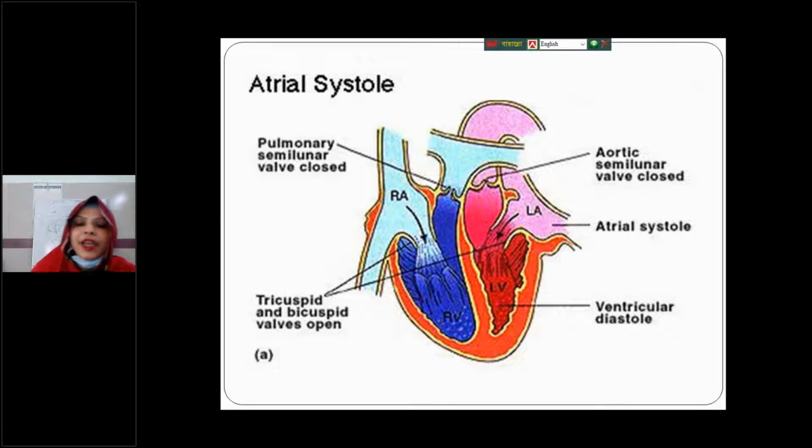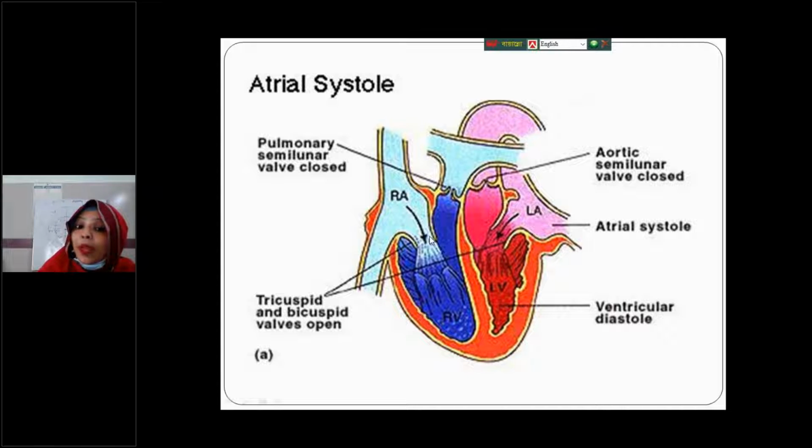See here the figure of atrial systole. From the right atrium, during atrial systole, there is forceful atrial contraction. In the first half of atrial systole, force of atrial muscle contraction occurs, and blood goes through the atrioventricular valve, that is the tricuspid valve, present between the right atrium and right ventricle.